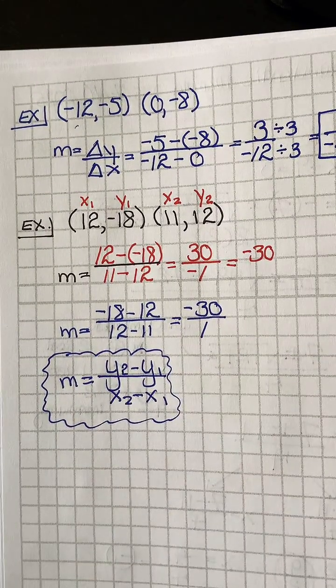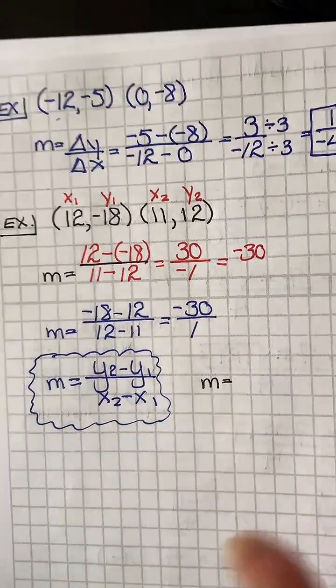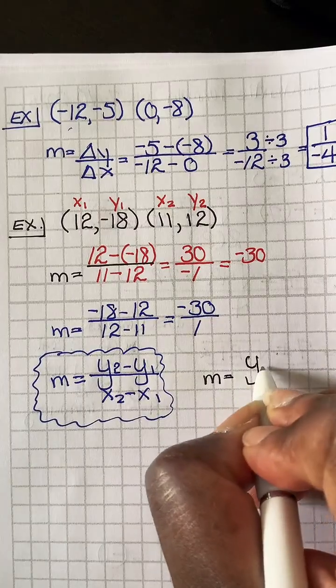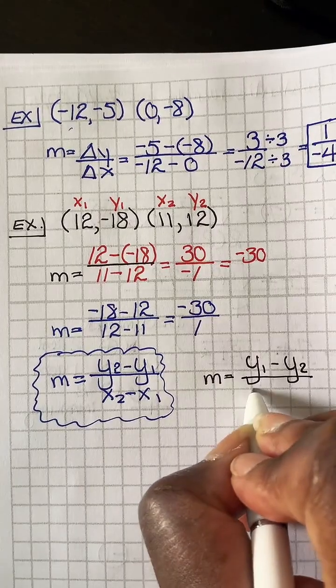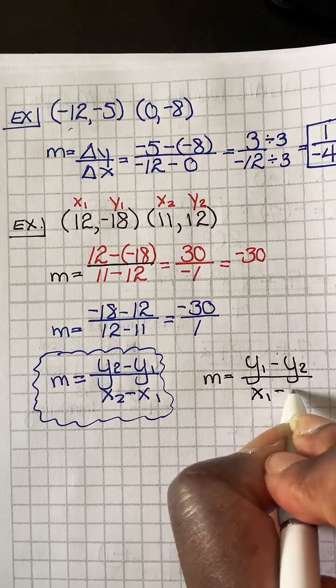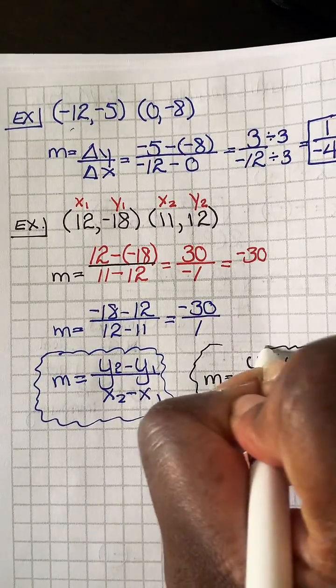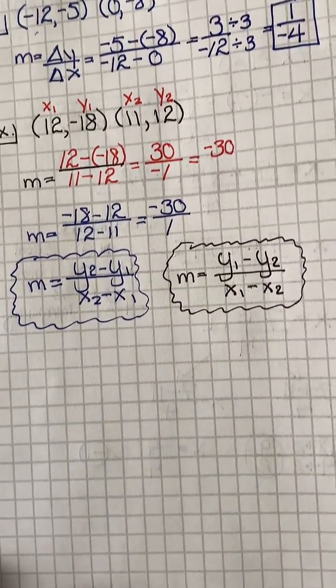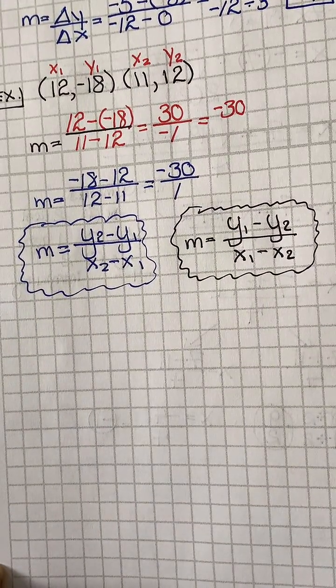But if you want to go a different route, for your slope you can have your y1 minus your y sub 2 over your x sub 1 minus your x sub 2. Either one of those will work for your equation. All right. So that's finding slope algebraically.